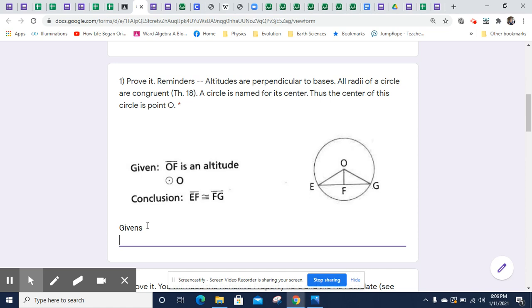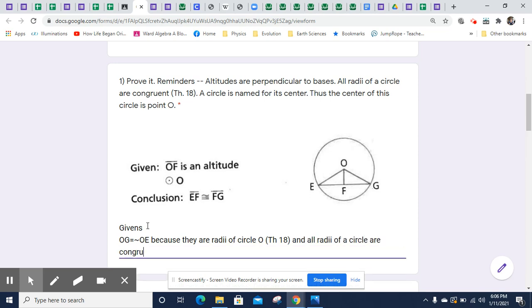So since it's circle O, we can say that OG, not OF, is congruent to OE because they are radii of circle O. So we go theorem 18, and all radii of a circle are congruent.